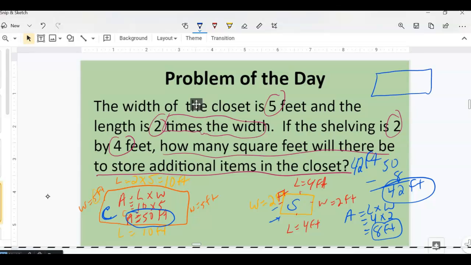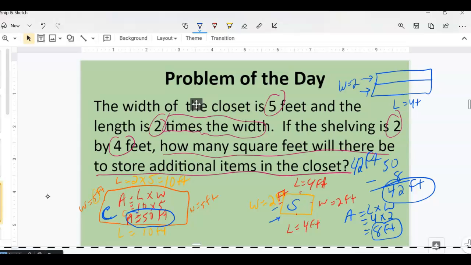We've said that's 2 feet by 4 feet, right? So the width is 2, and the length is 4. What this 2 really means is that there's two rows over here. That's one row right there. Here's another row right here. Okay, so the length is 4.